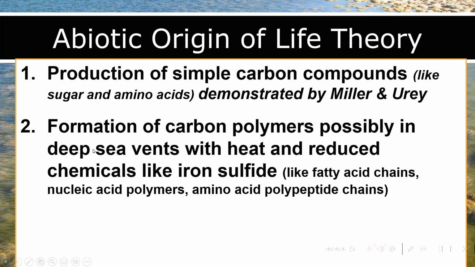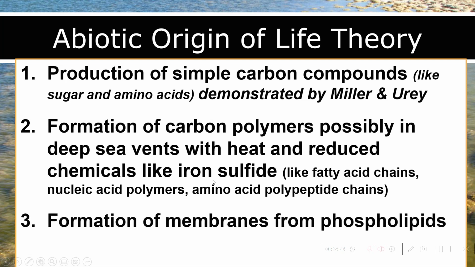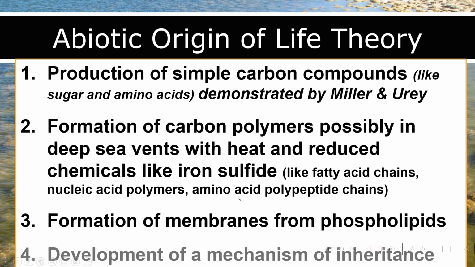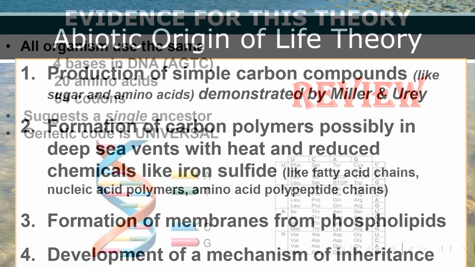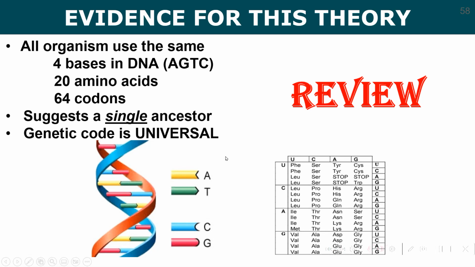Well, you could possibly use the heat from the deep sea vents, which can help facilitate the creation of those polymers. You also needed some formation of membranes, which, as we know, will automatically form bilayers. That's cool. And then you also needed some mechanism of inheritance. There's the theory that RNA was the initial molecule of inheritance over DNA.